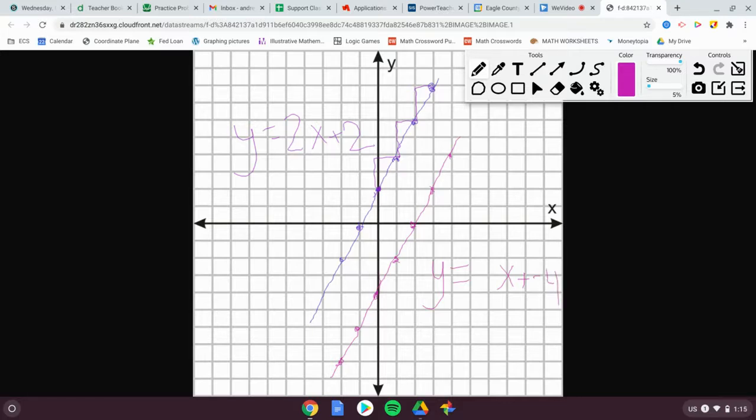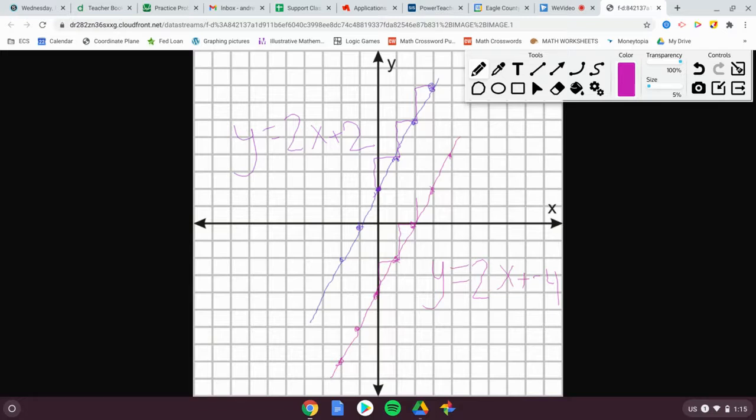And our slope, we're going up 2 over 1, so our slope is 2. All right, so our equations are y equals 2x plus 2 and y equals 2x minus 4, or plus -4. So parallel lines right here.